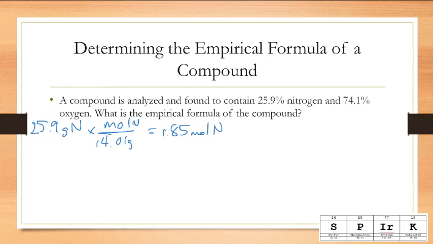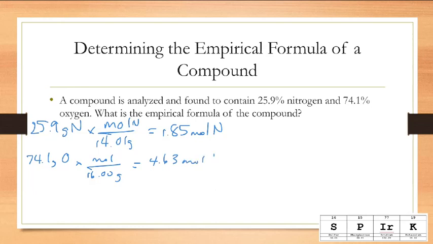And now let's do the same for the oxygen. So 74.1% means that we have 74.1 grams of oxygen in this case. And again, we just use our conversion factor of oxygen's molar mass, and we're going to get 4.63 moles of O.